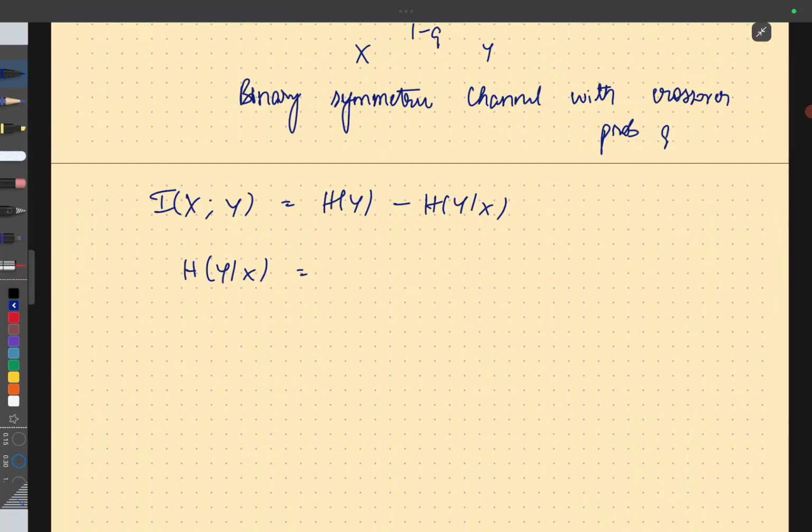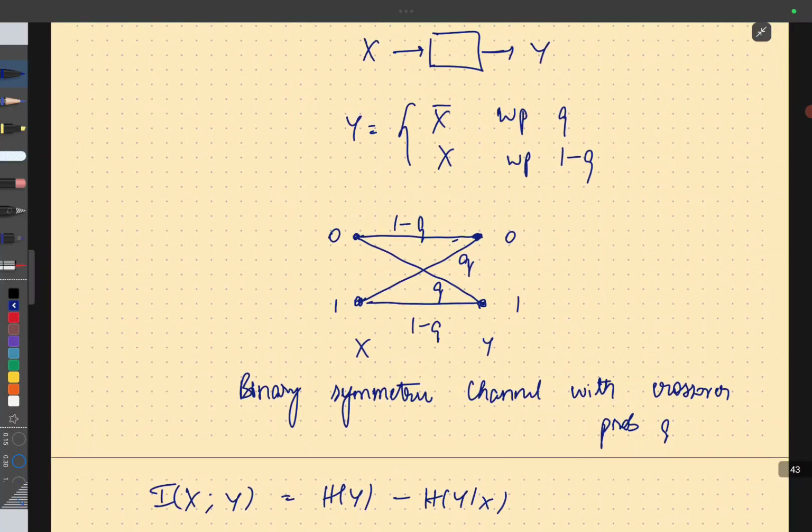So how do you compute H(Y|X)? If I give you an arbitrary channel, then H(Y|X) is very easy to compute because it is equal to the sum over all possible x of p_X(x) times H(Y|X = x). But if I fix a particular little x, so x equal to 0 or x equal to 1, what is H(Y|X = 0)?